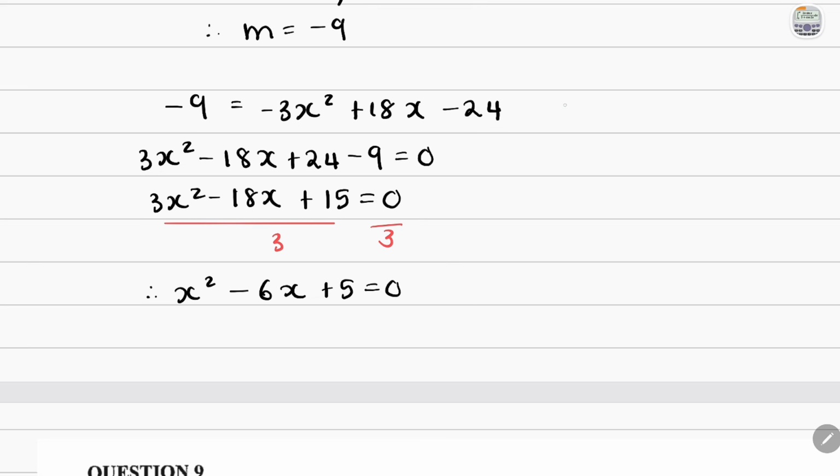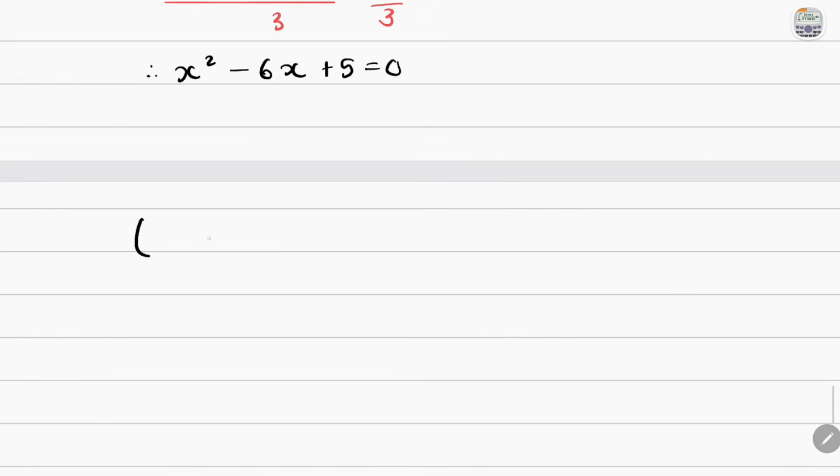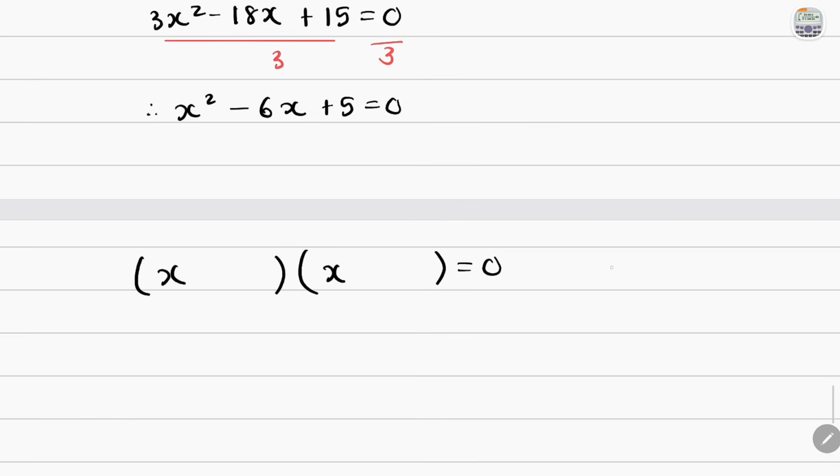And now we need to factorize this. Okay, so to factorize these, we'll just open up two brackets, equate to 0. X multiplied by x is x squared. And then we need factors of positive 5. Okay, so what times what gives you positive 5? Well, you can say a positive 5 times a positive 1, or -5 times -1. But do you see how the middle is negative?